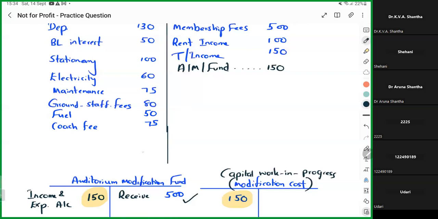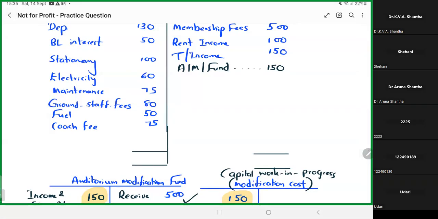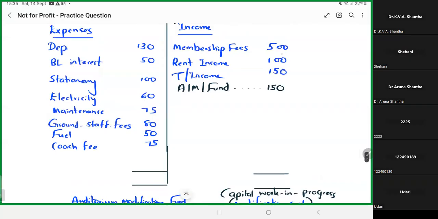Now see whether expenses are higher than the income or income higher than the expenses. You take the total income. Total income is 900.